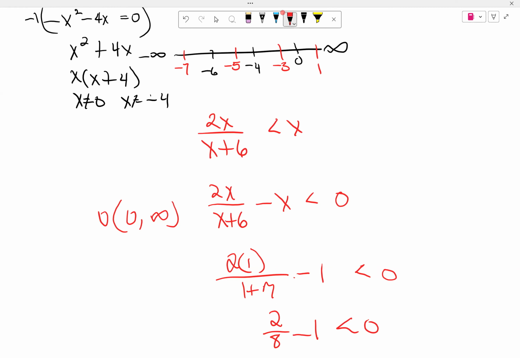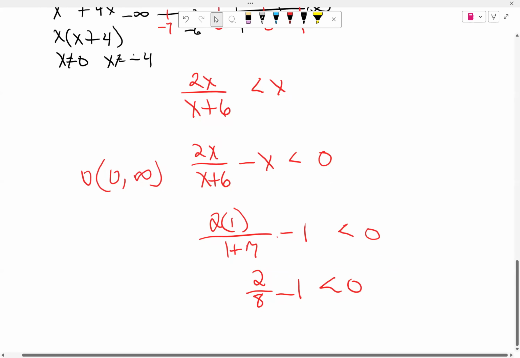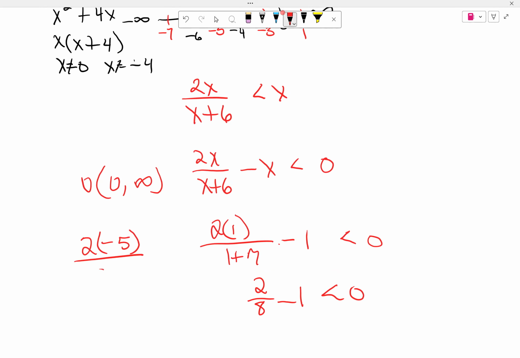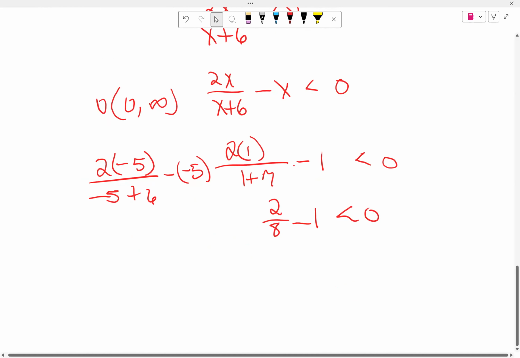Let's try -5. I know that the -5 is also going to work, and I know why I'm saying that. If you do 2 times -5 over -5 plus 6, and that is minus -5. So it's always minus x.